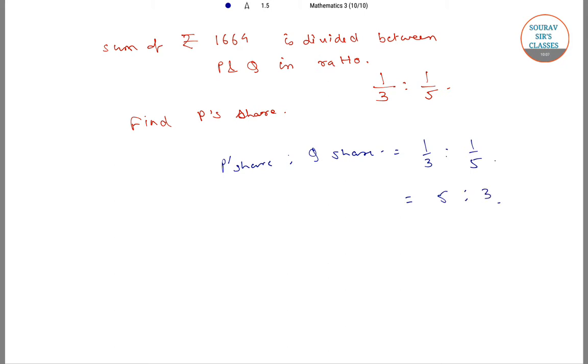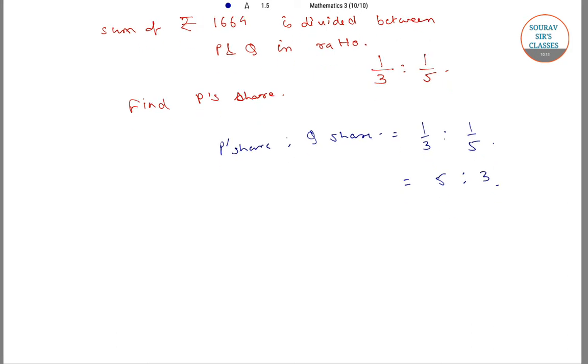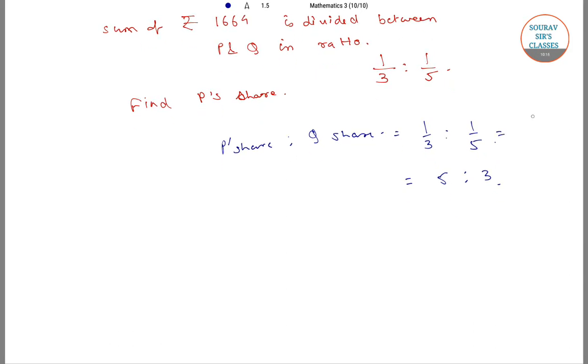We get this by multiplying both by the LCM of 3 into 5. Like this, it is equal to 15 by 3 is to 15 by 5, which is equal to 5:3.